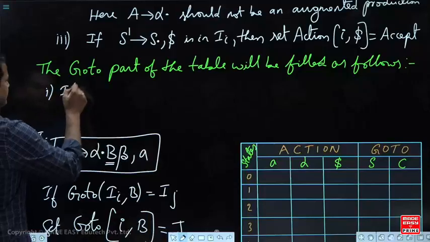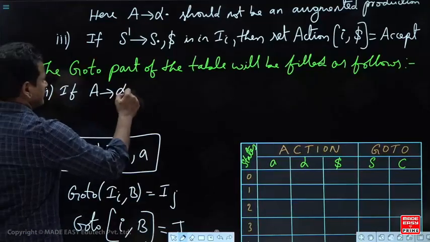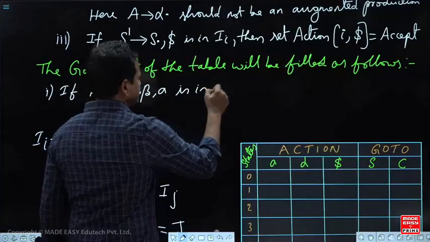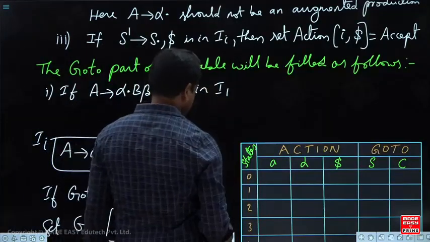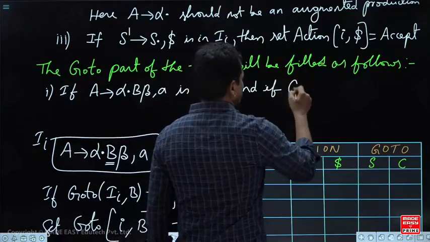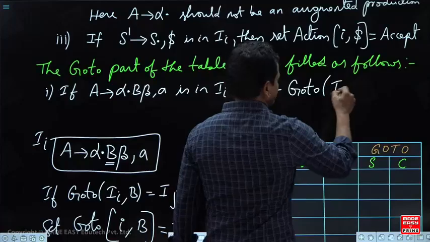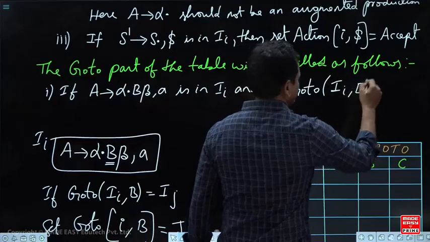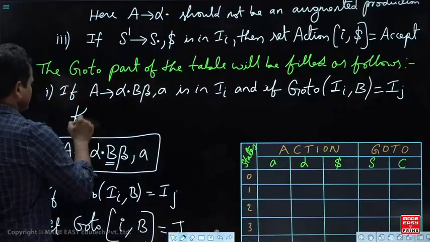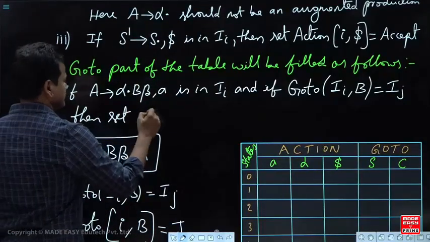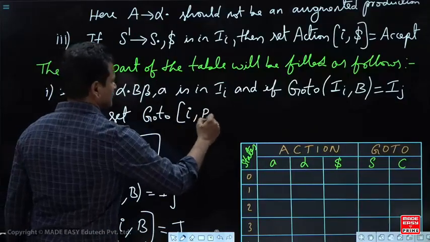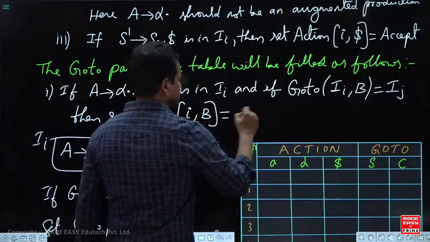Only one rule. If A derives alpha dot B beta comma a is in Ii, and if go to of I comma B equals Ij, then set in the go to part of ith row, Bth column, simply j.